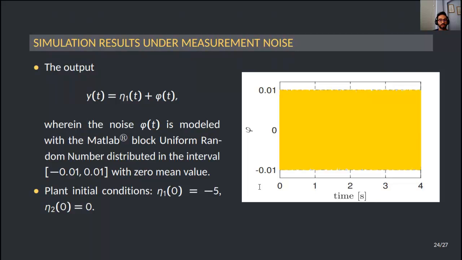Now, we are going to repeat the simulations, but in the presence of measurement noise. So the output now is the regulation error plus this signal, which is modeled by this block in MATLAB. It is a uniform random number distributed in the interval that I'm showing here.